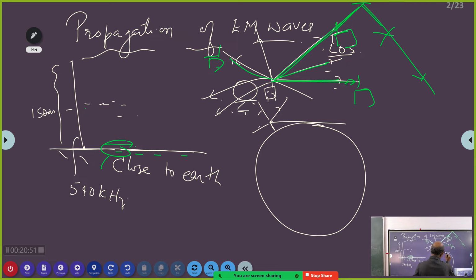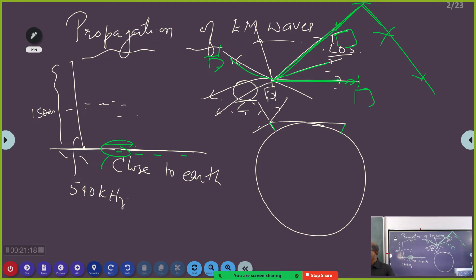It is just skimming the surface of the Earth. Got it? This is one antenna, it is skimming. Now here if you have another antenna, from this antenna to this antenna, the line of sight is possible. Got it?